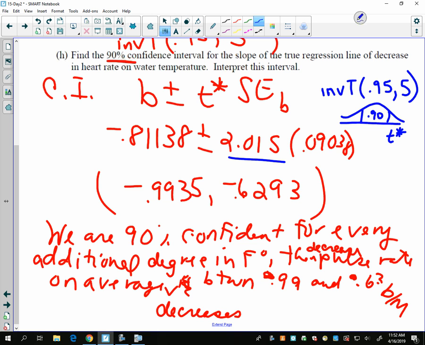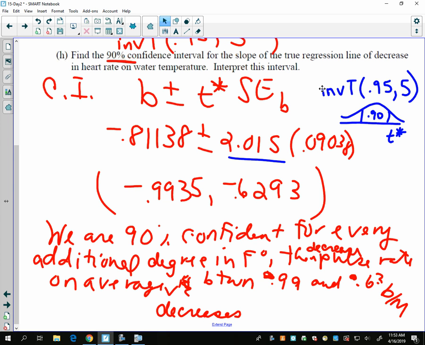We rejected the null, so 0 shouldn't be in that interval. And remember, the interpretation for these confidence intervals is slightly different. We are 90% confident, and then you interpret it as slope.